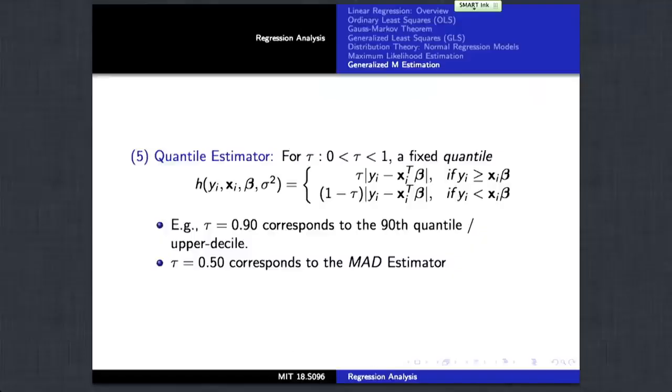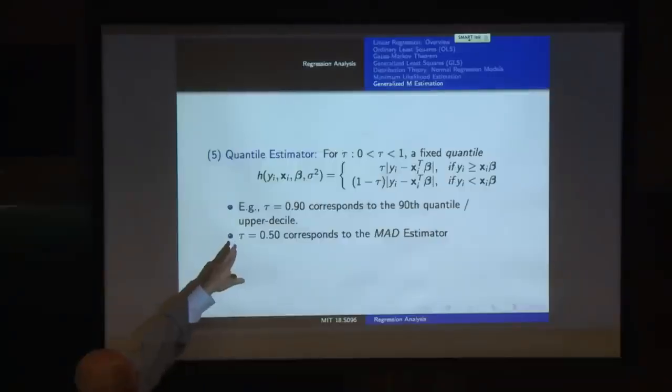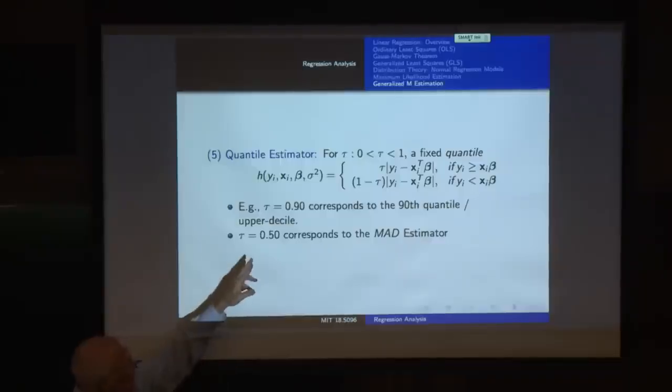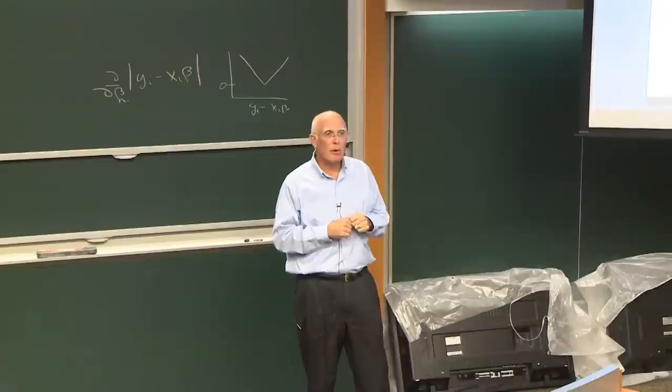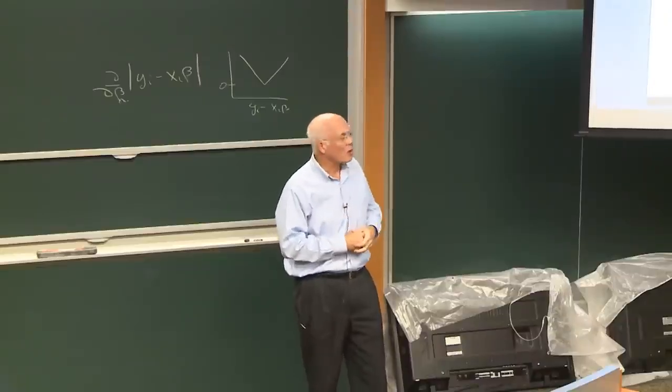Finally, there are quantile estimators, which extend the mean absolute deviation criterion. If we consider the h function to be basically a multiple of the deviation if the residual is positive, and a different, complementary multiple if the residual is less than 0, then by varying tau, you end up getting quantile estimators, where what you're doing is minimizing an estimate of the tau quantile.